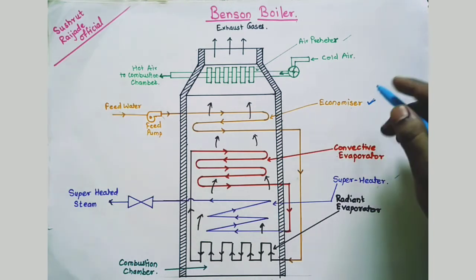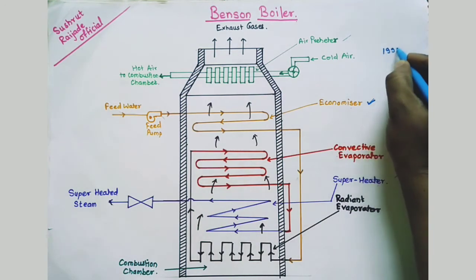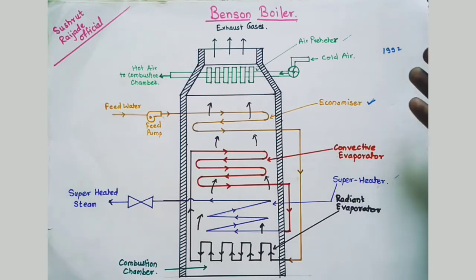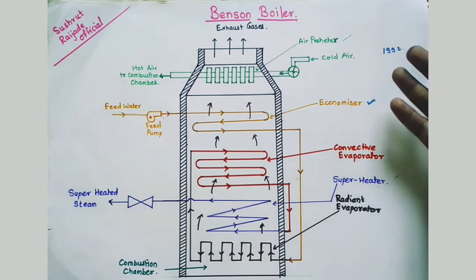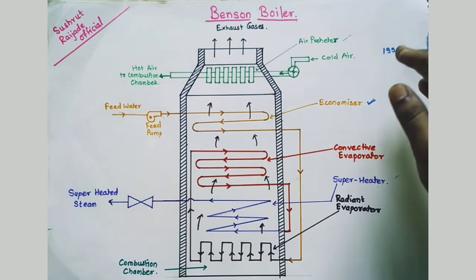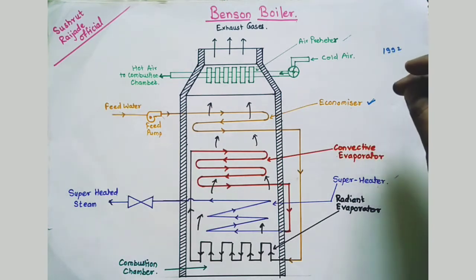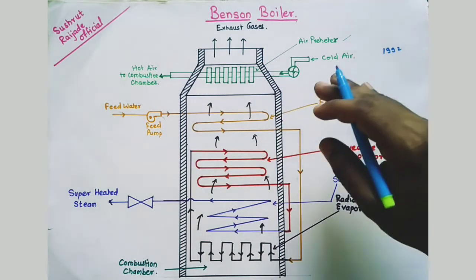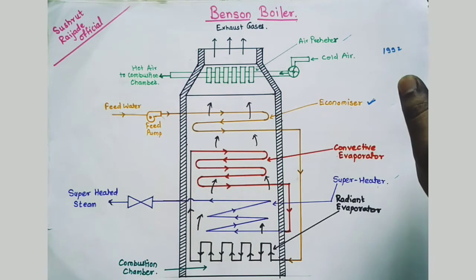Therefore, in 1992, Benson argued that if the boiler pressure is raised to the critical pressure, that is 225 bar, the steam and water will have the same density, and therefore the danger of the bubble formation can be easily eliminated.